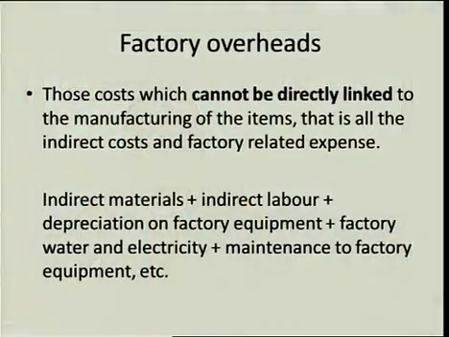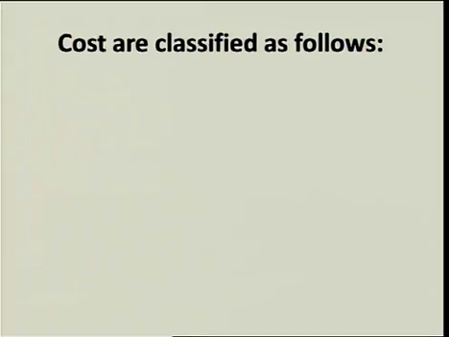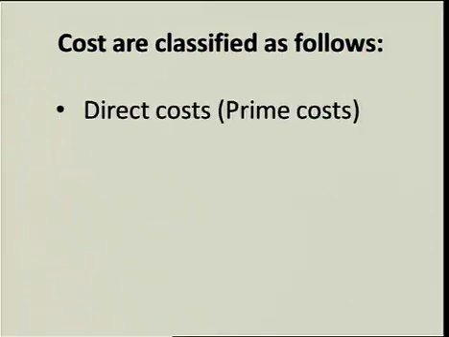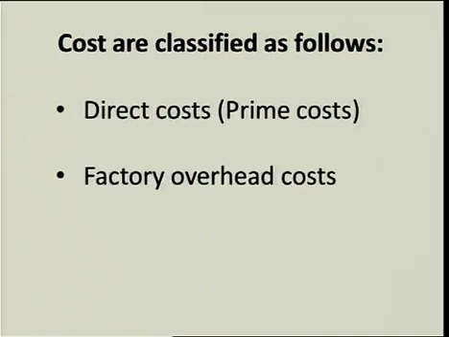Let's just go to a further example on the overhead. Okay, so they are classified as direct costs, which are called prime costs, and factory overhead costs. So you'll find that in your direct costs, which are called prime costs, you have your direct labor and your direct materials, and then your factory overhead costs.